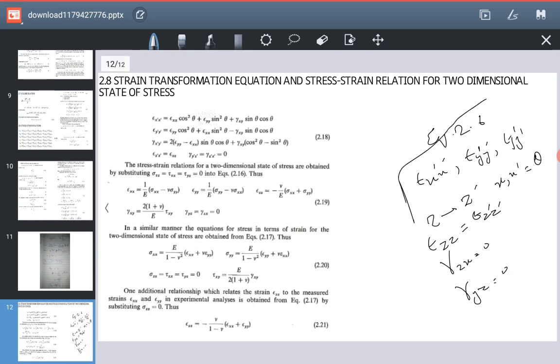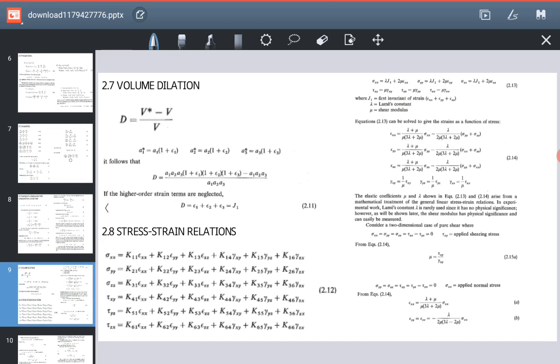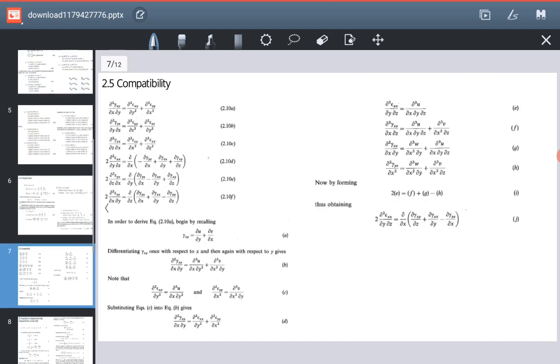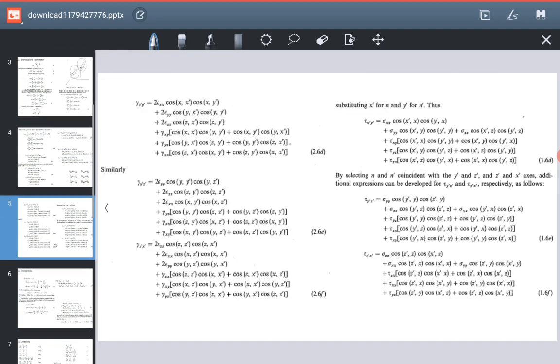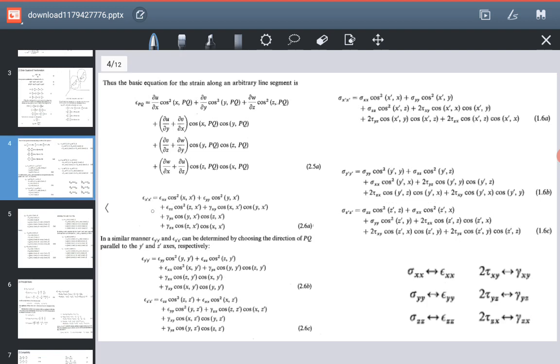If I use all of these conditions and put them in equation 2.6, this will be theta, this will be theta, all these angles will be theta, and this will tend to 0.